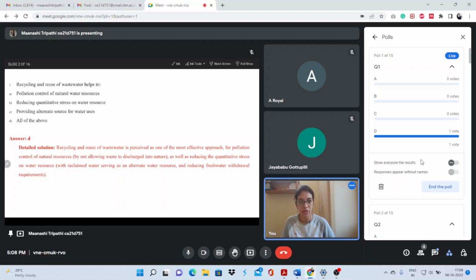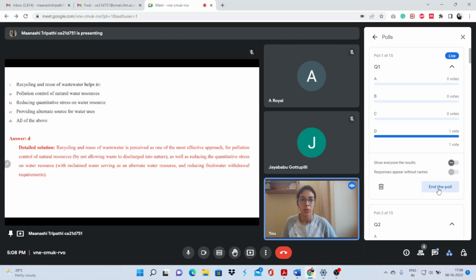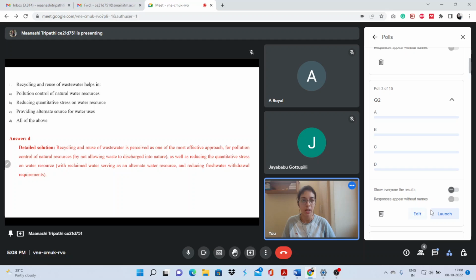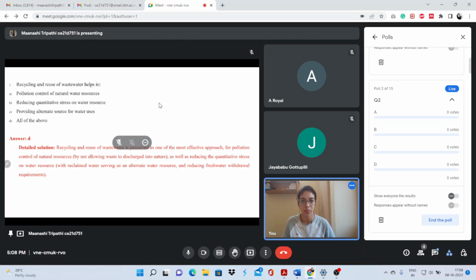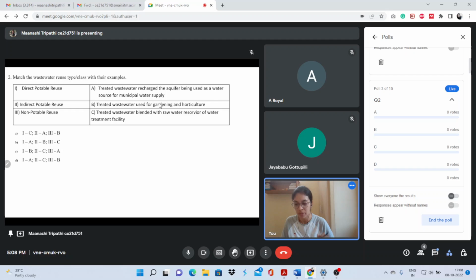Coming to question number two, this is your question number two, and these are the polls for it. Recycling and reuse: match the wastewater reuse type class with examples: direct potable use, indirect potable use, and non-potable use.